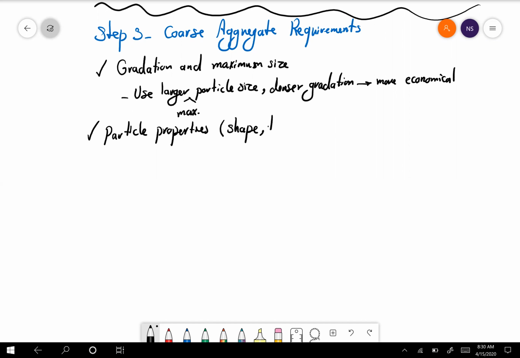What is the texture? We want definitely some roughness. We don't want very smooth aggregates. And what is the porosity? We want to know how much air voids we have inside the aggregate particles, because that affects our mix design and how much water we need to add to the mix.